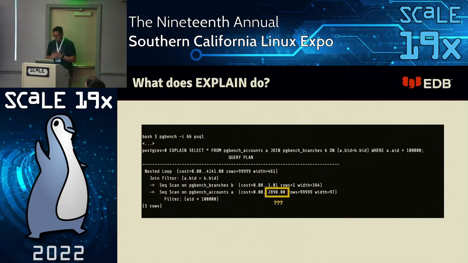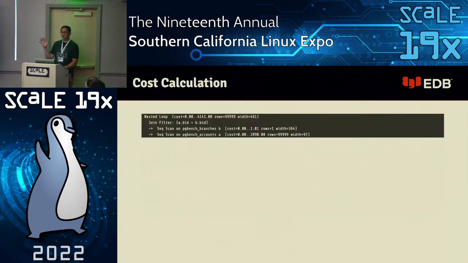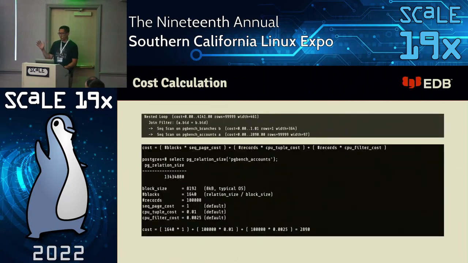Now, you might wonder, what are these costs? Is that how much time it takes, or how many bytes? The way this works is by using, like I said, those parameters that are in the conf file. We're going to focus on this number, 2890. How did the query planner calculate that?